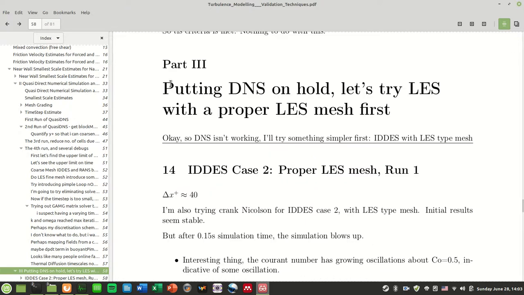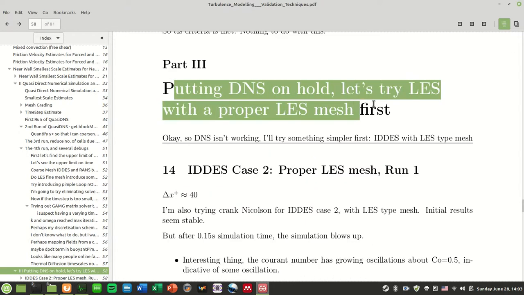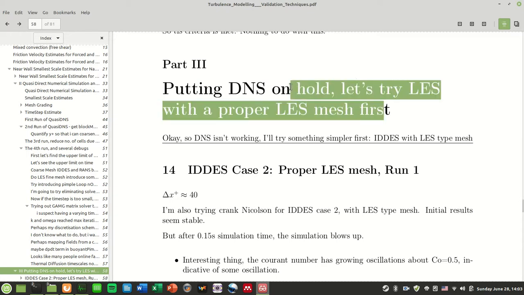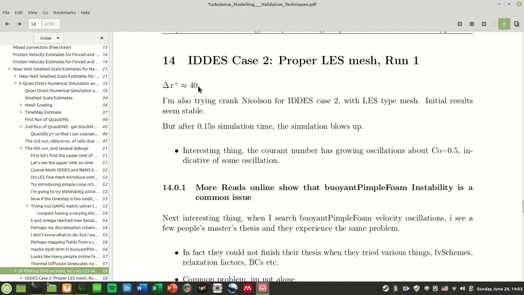So let's try something a little easier. I move on from DNS to try LES with a proper LES mesh. I try the LES mesh for IDDES case 2. Delta x plus is 40, or more accurately, the streamwise mesh size will be that fineness.